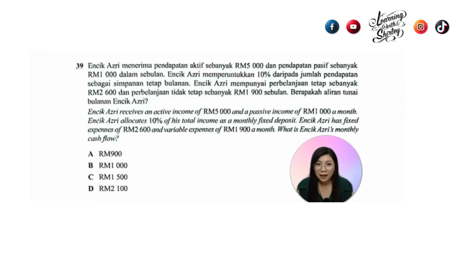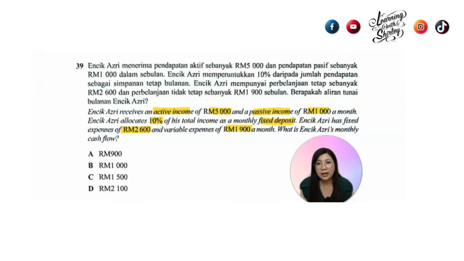Let's look at question number 39. Someone receives an active income of 5,000 ringgit and a passive income of 1,000 a month. They allocate 10% of their total income as a monthly fixed deposit, FD. They have fixed expenses of 2,600 and variable expenses of 1,900 a month.